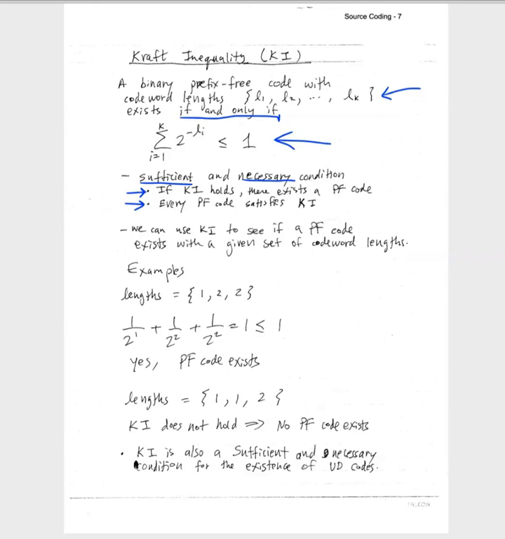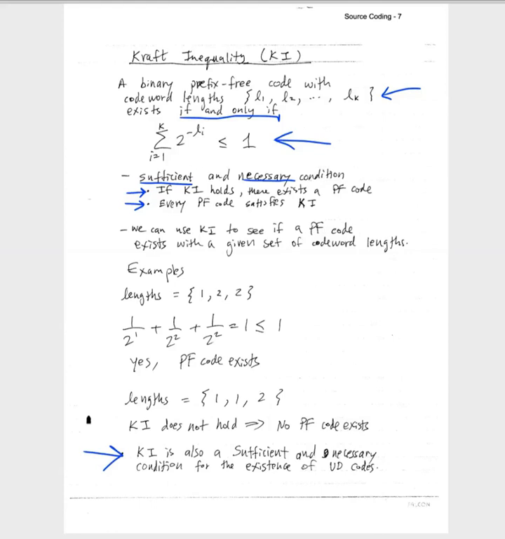Now the beauty of the Kraft inequality is it's also a sufficient and necessary condition for the existence of a uniquely decodable code. Remember, this is a completely different and very powerful statement. This actually is Macmillan's contribution. That's why the Kraft inequality is sometimes called the Macmillan-Kraft inequality.